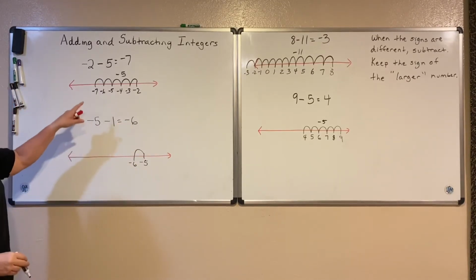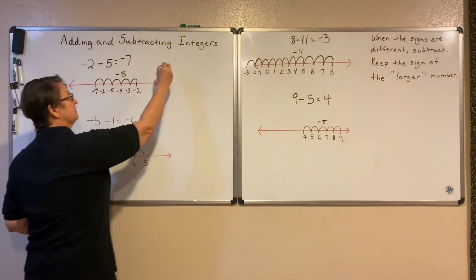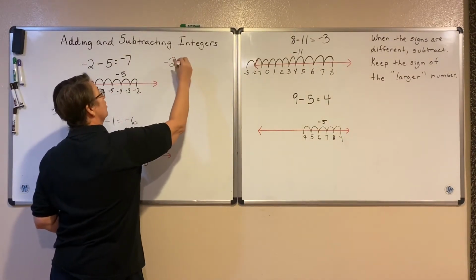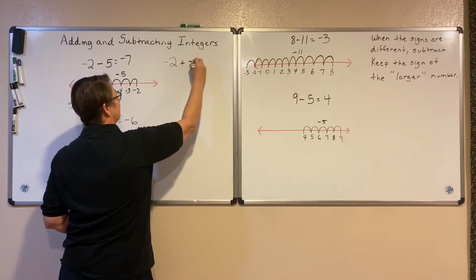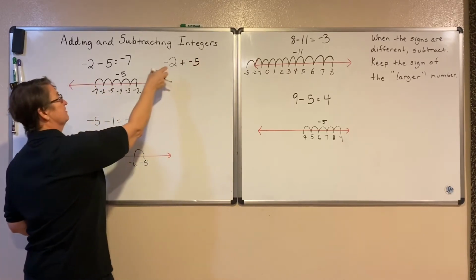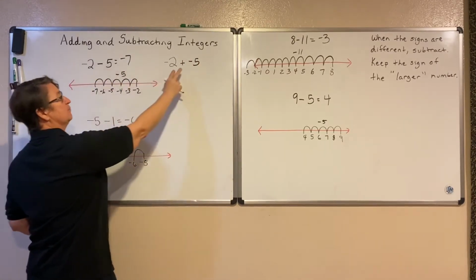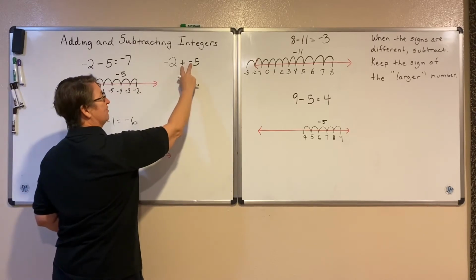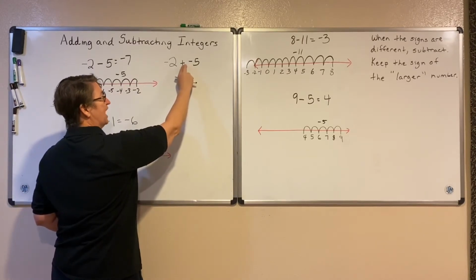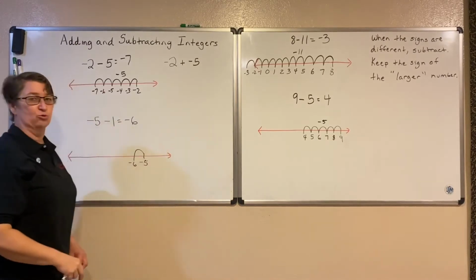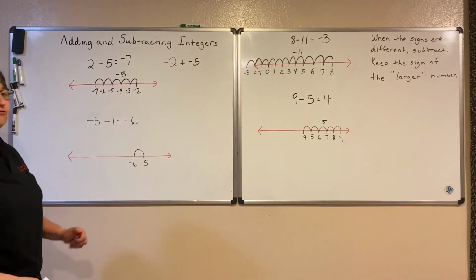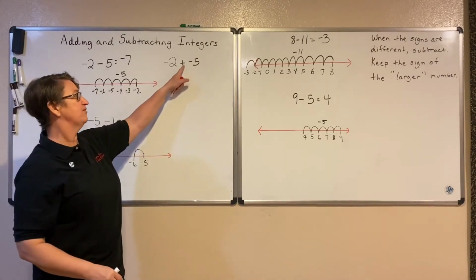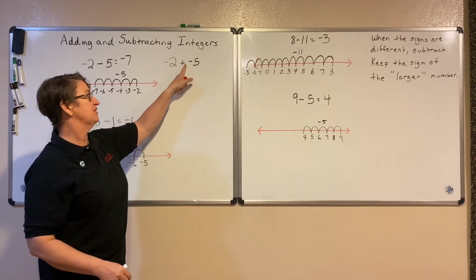By the way, in both of these problems, we could rewrite these problems as negative 2 plus a negative 5. This means the same thing as that, because when we have this positive and this negative together, the negative sign wins out. When we do multiplication with integers, we'll see that a positive times a negative makes a negative.